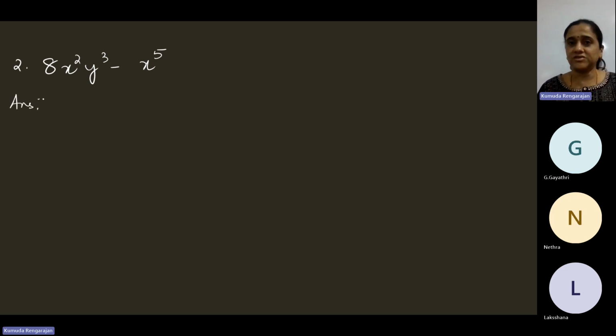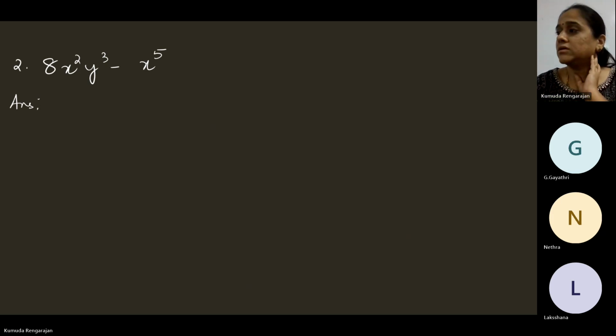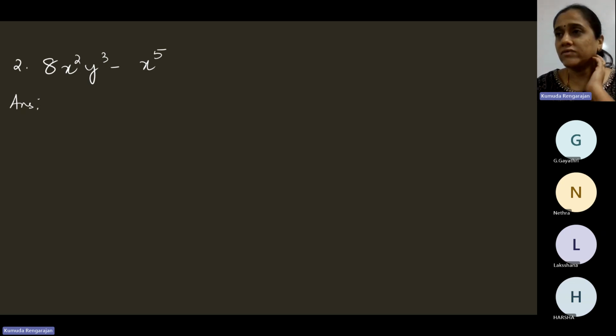Yeah, this is the next expression we have to factorize. 8x squared y cubed minus x to the power 5. So I call this the golden rule. Whenever we are given an expression to factorize, taking out the common factor, if any, should be the first step. Now, this expression has two terms.